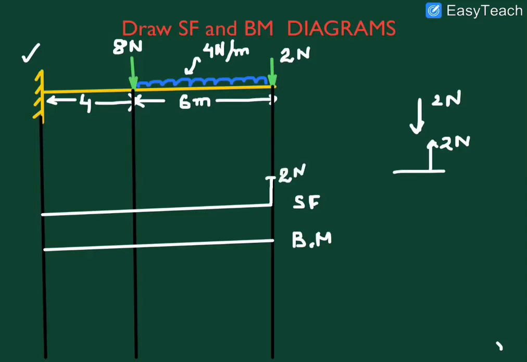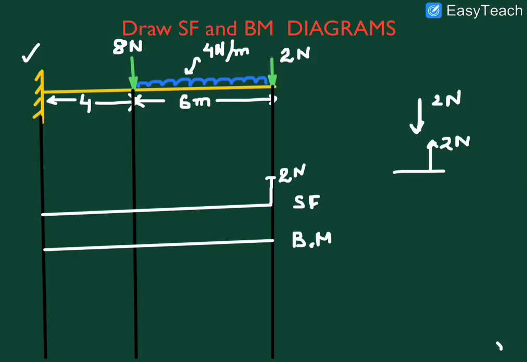Okay. Now after this one, there is a UDL. If we watch from here to here, there is a UDL, and the magnitude of the force due to this UDL is force into perpendicular distance. As it is 4 Newton per meter and there is 6 meter, that means 4 into 6, that is 24 Newton is the force, so we have to move from here to here by 24 Newton in an inclined line.